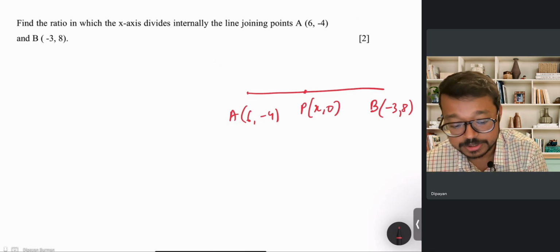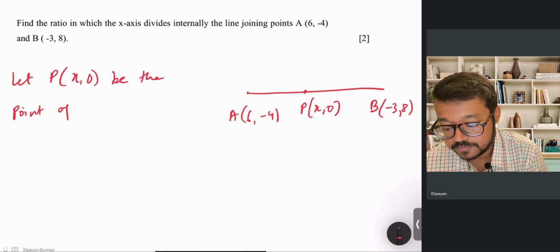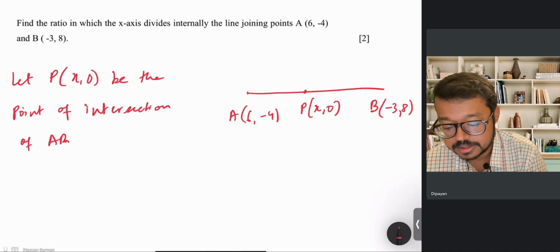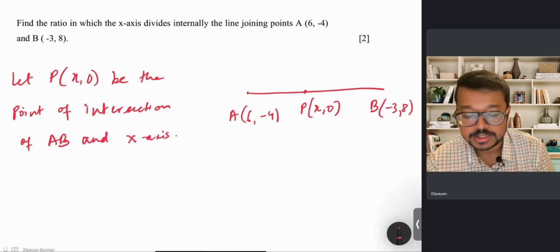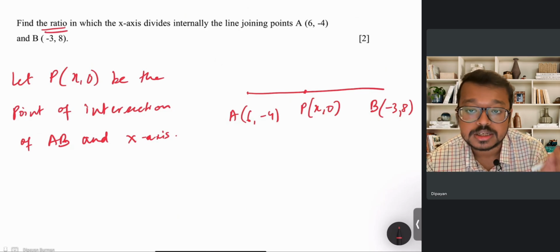So we will have to specify that first, that let P(x, 0) be the point of intersection of the line segment AB and the x-axis.